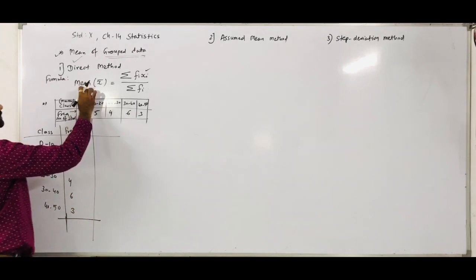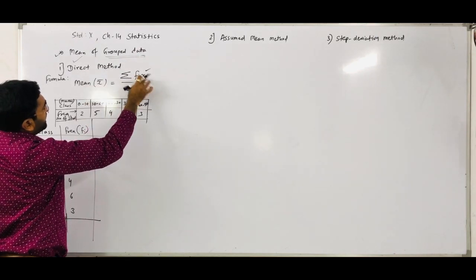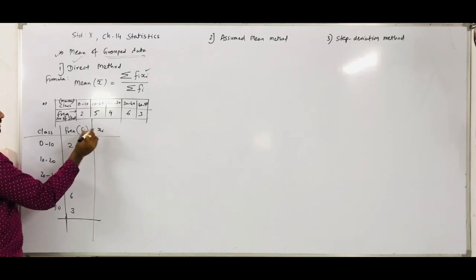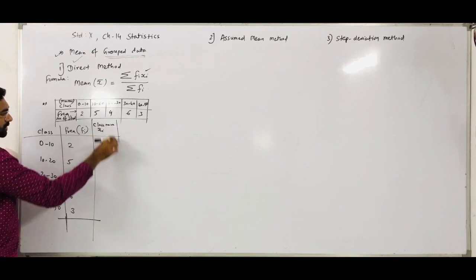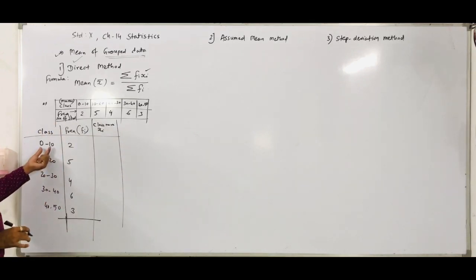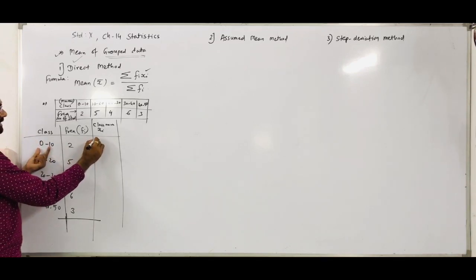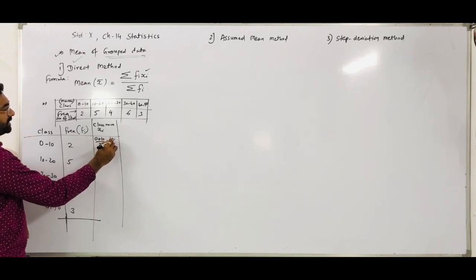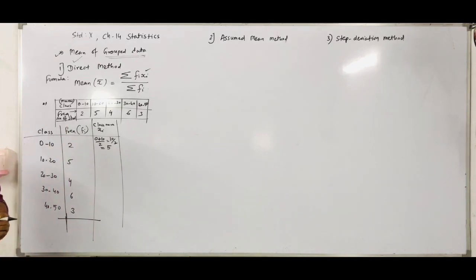Now, as I told you, in the mean by the direct method we require the xi value. So for each and every class we have to find the xi column. Xi means what? Class mark. We already discussed that. How can we find the class mark? Lower limit plus upper limit divided by 2. 0 plus 10 divided by 2, so 10 by 2, the class mark is 5, right?